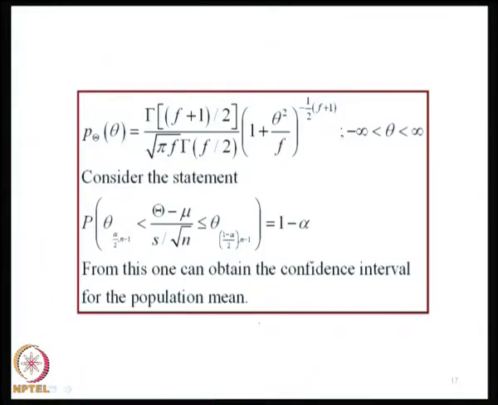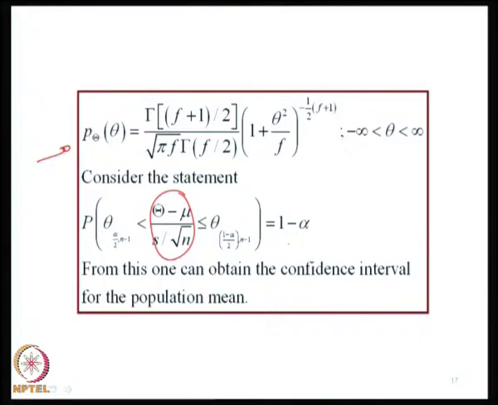That would mean if this is the sampling probability density function, we make the statement that t alpha by 2, n minus 1, theta minus mu divided by s divided by square root n, that is, this random variable lying in this interval, has probability 1 minus alpha, where 1 minus alpha is the confidence level. From this we can construct the confidence interval with a given level of confidence.